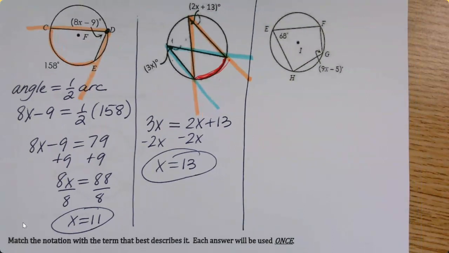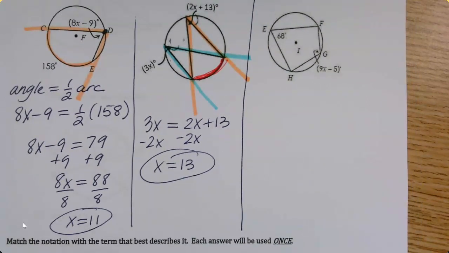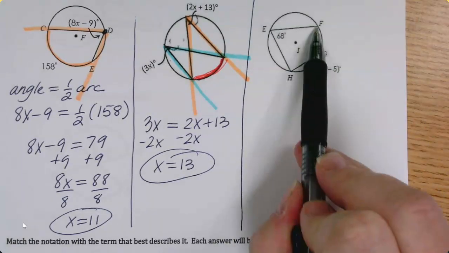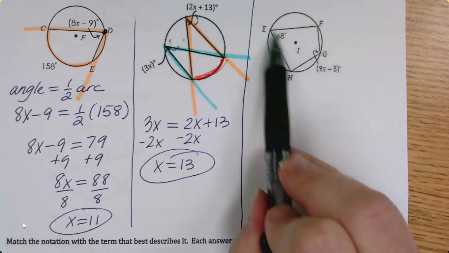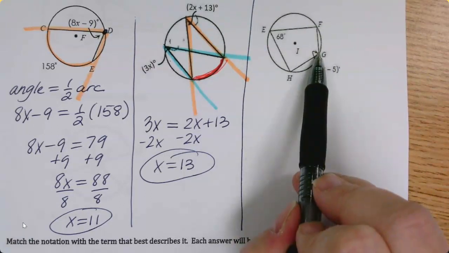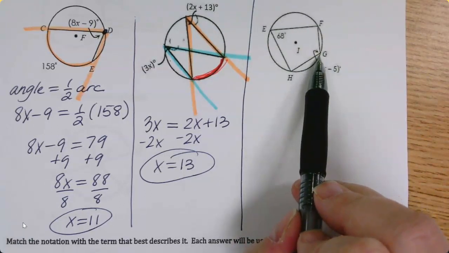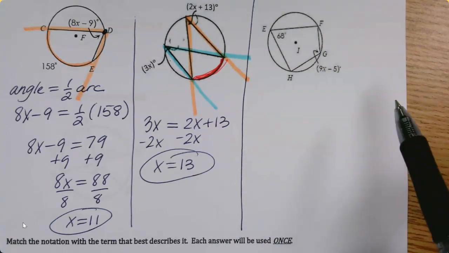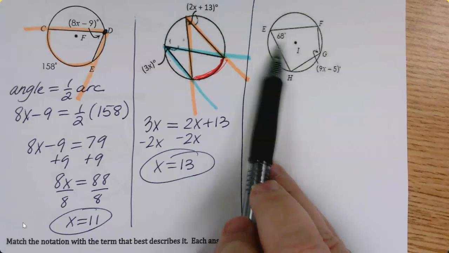Last but not least, one of the other theorems we learned about inscribed angles is about an inscribed polygon, specifically a quadrilateral that's drawn inside a circle. So if you have a quadrilateral, a four-sided polygon, meaning you have 4 points on the circle and they're connected, then your opposite angles add up to 180.